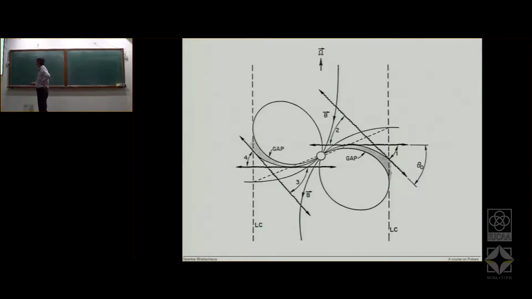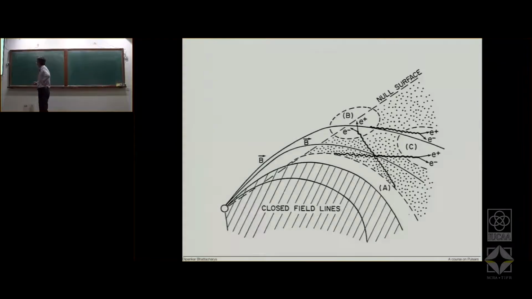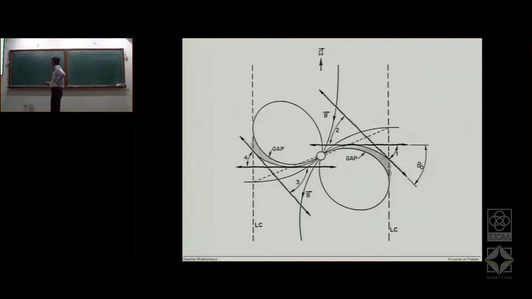At the boundary of that region is where the charged particle density is building up. That's where you have a large number of charged particles. So the radiation will primarily occur in these regions where charged particles are present.